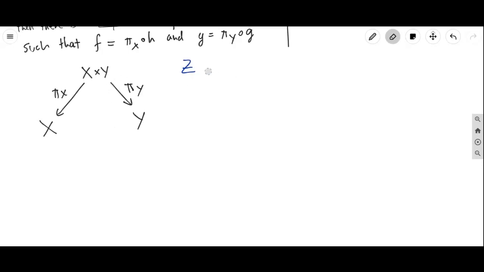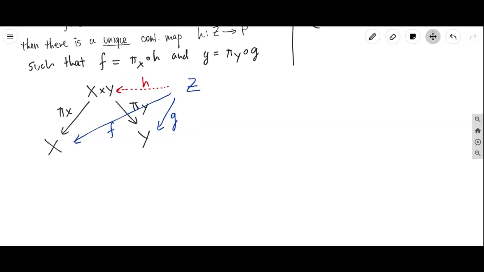So what do we have to show? We have to show that if you have Z and you have a mapping into X, and another mapping into Y, then we want to create a mapping from Z to that product that will make this diagram commute, so that if you follow the arrows, they agree with each other. So how does one do this?